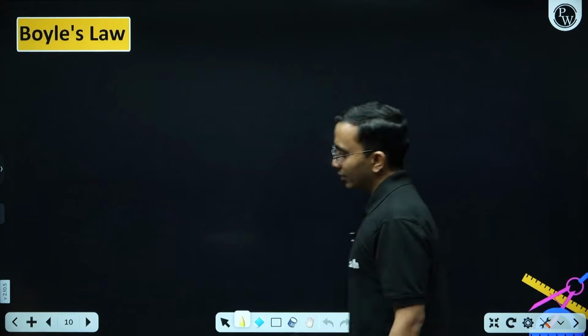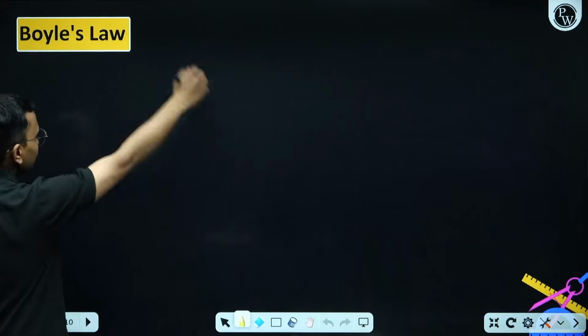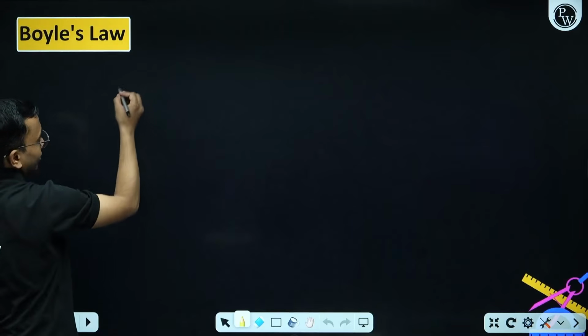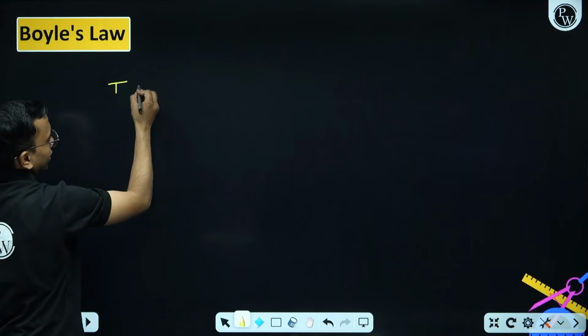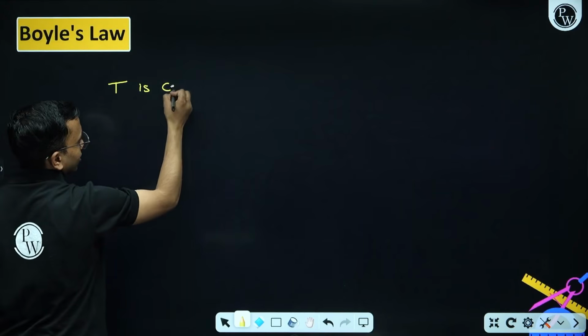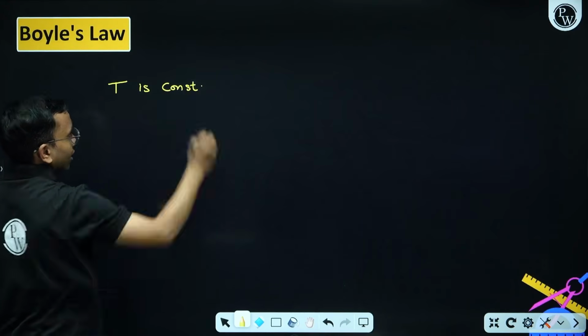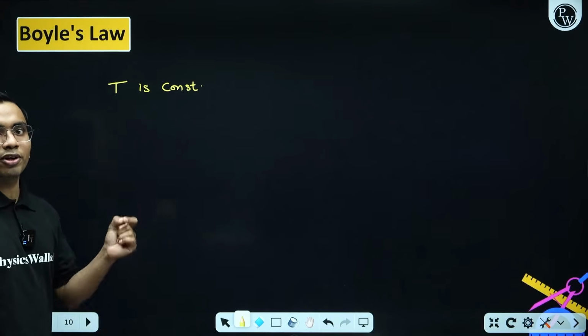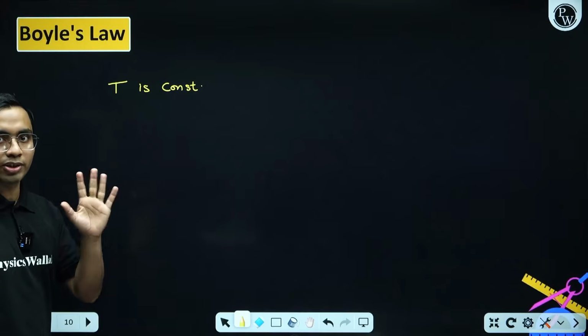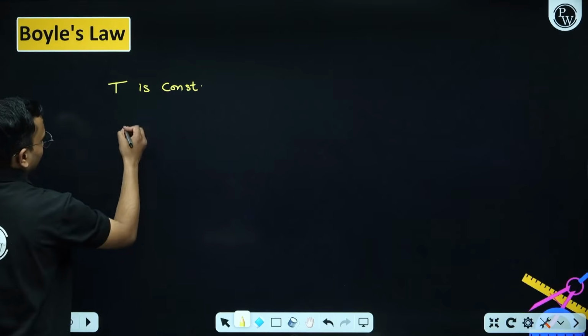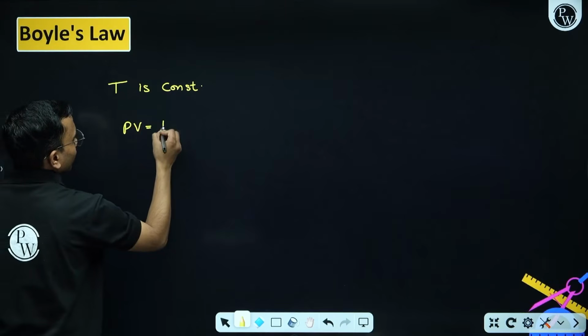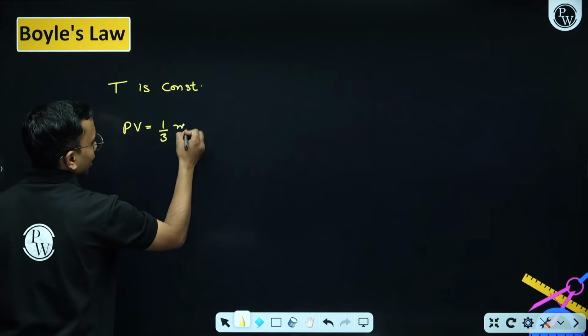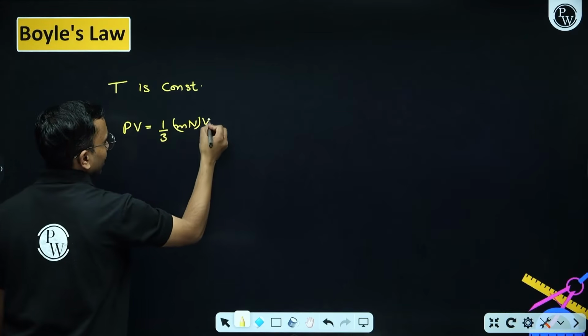So Boyle's law first. Boyle's law is for when the temperature is constant. At constant temperature, Boyle's law states that the product of pressure into volume is constant. How is that constant? We got that PV equals 1 by 3 M n V RMS square.